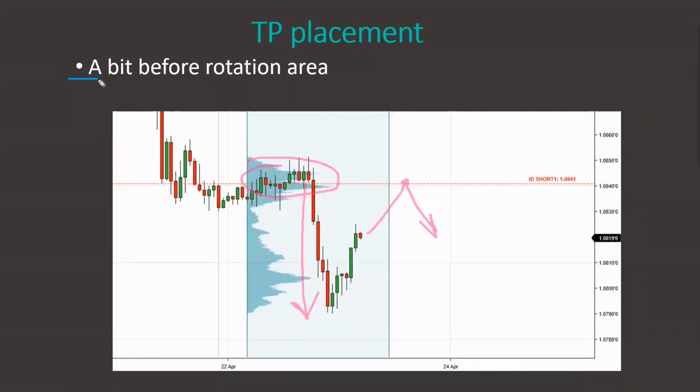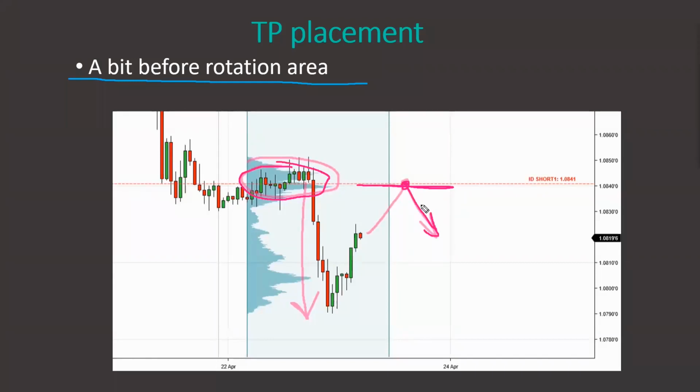Where you want to place your take profit is a bit before rotation area. Now, what you see before you, that's the same picture as before. Only in this case, I took the picture a couple of hours before the first picture which I showed you. This is a picture from a video I made in my members area, making that prediction of going short from that rotation with those volumes being accumulated here.